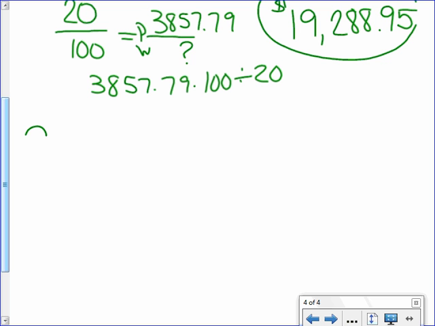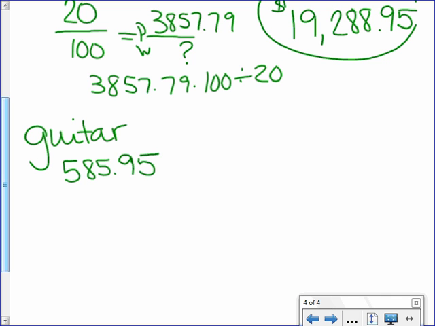It's about a guitar. A guitar is priced at $585.95. And we need to find the sales tax and the total amount of the purchase if the tax rate is 6%.